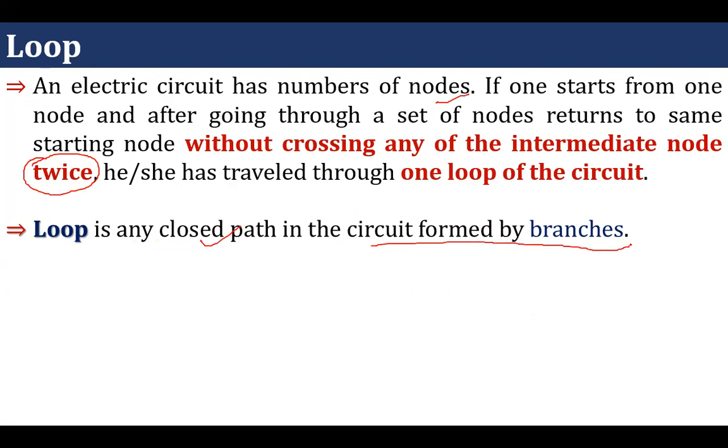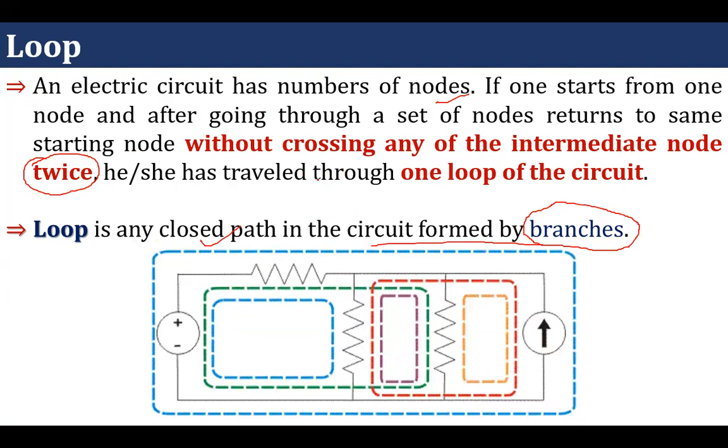Through this definition, how can we recognize a loop? We have to start with one node. For example, here all these points are forming one node. Here is another node, here is another node.